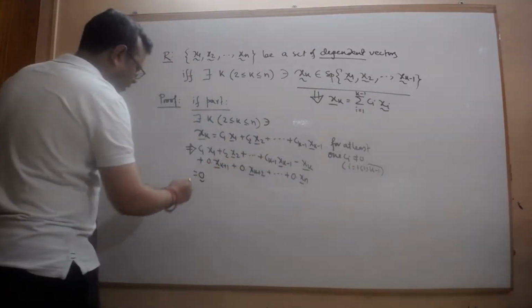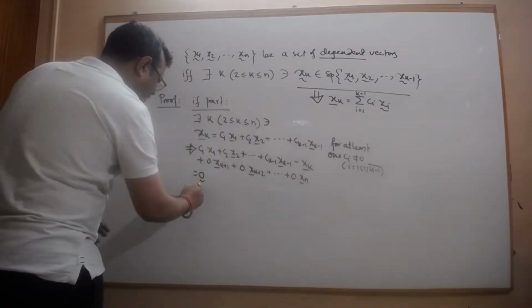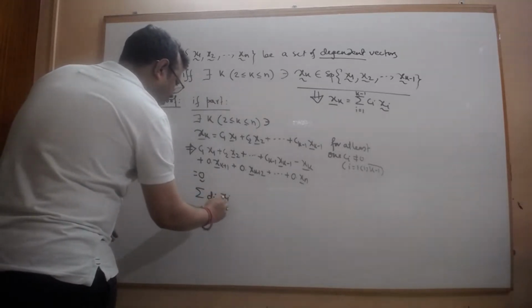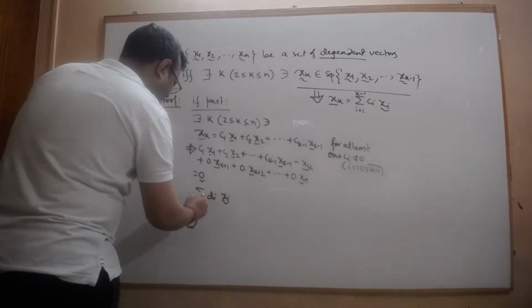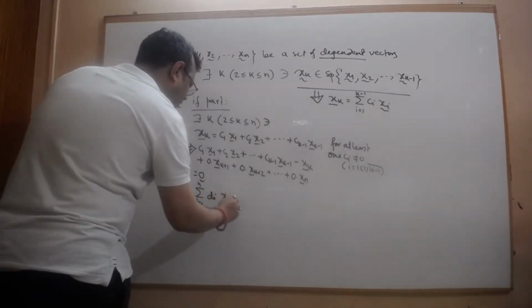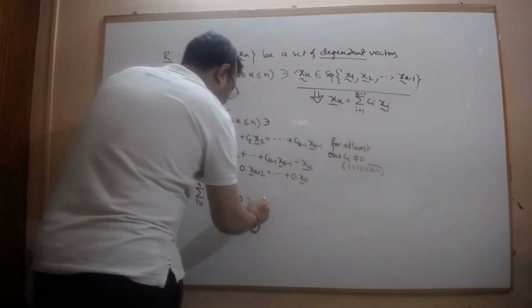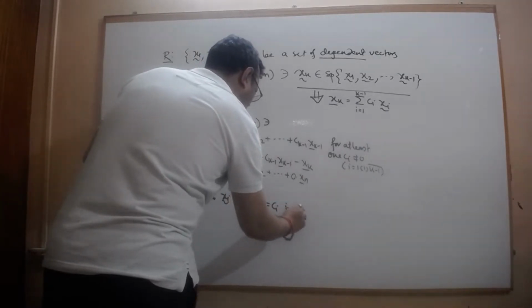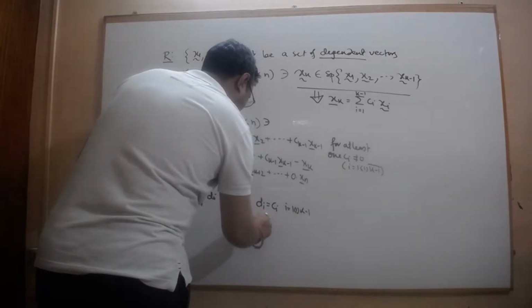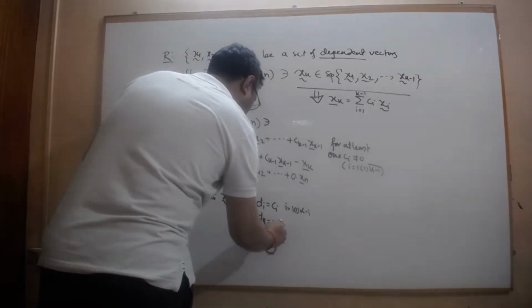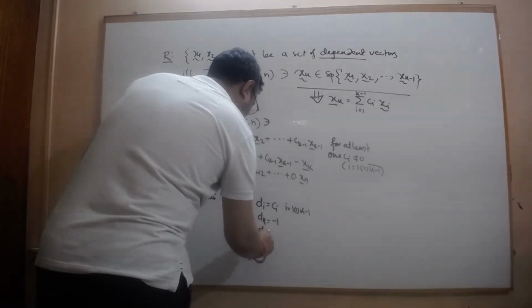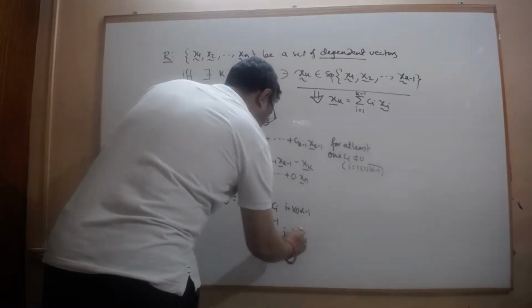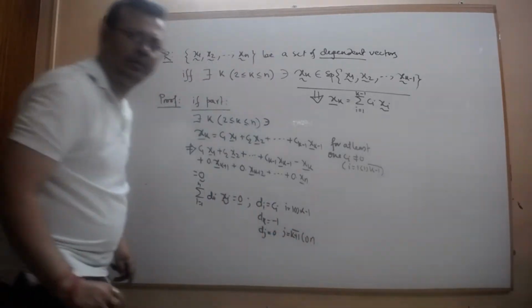Here we represent this linear combination as summation di xi, i from 1 to n, equal to the zero vector, where di equal to ci, where i from 1 to k minus 1, and dk equal to minus 1, and dj equal to 0, where j equal to k plus 1 to n. Clear?